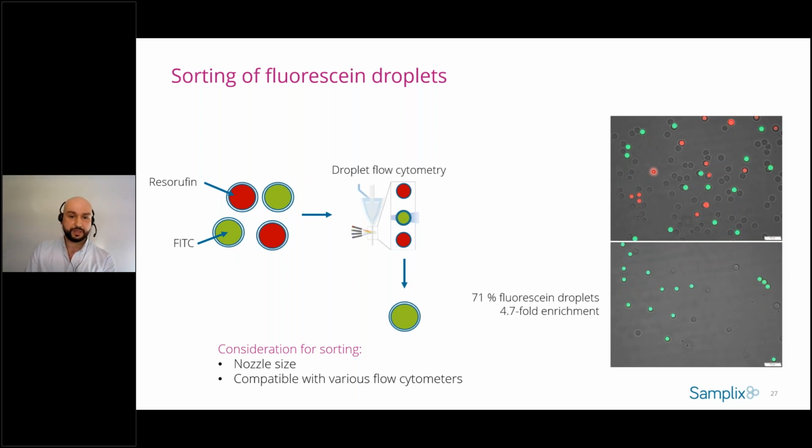This is microscope analysis. We can see the populations of resorufin-containing and fluorescein-containing droplets. After sorting the fluorescein-containing droplets out, we got a 4.7-fold enrichment, proving that the system is capable of sorting out the droplets that contain the molecules of interest.